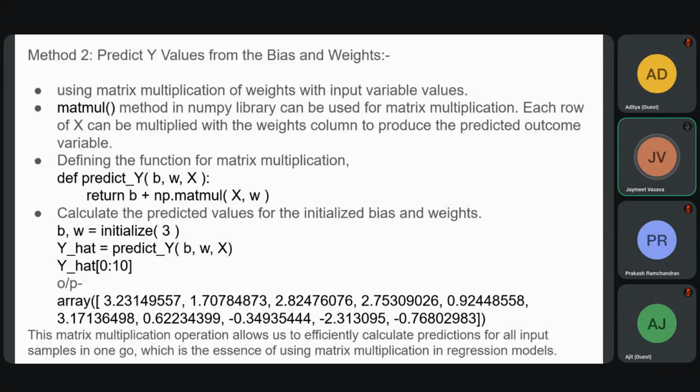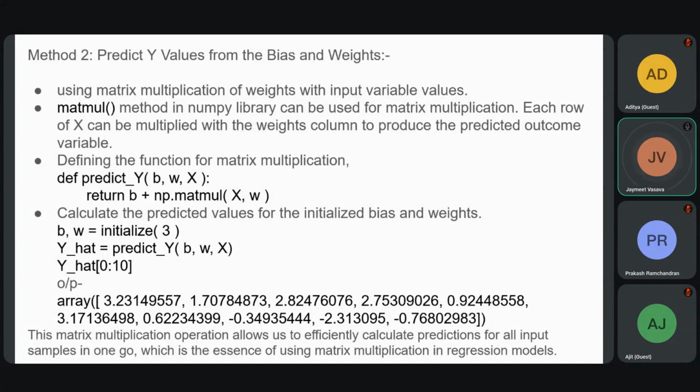So we'll define the function prediction y, which will contain the bias, weight, and the x values, and return the bias plus the matrix multiplication of weights with the x values, or the observations, the variables with the coefficients.